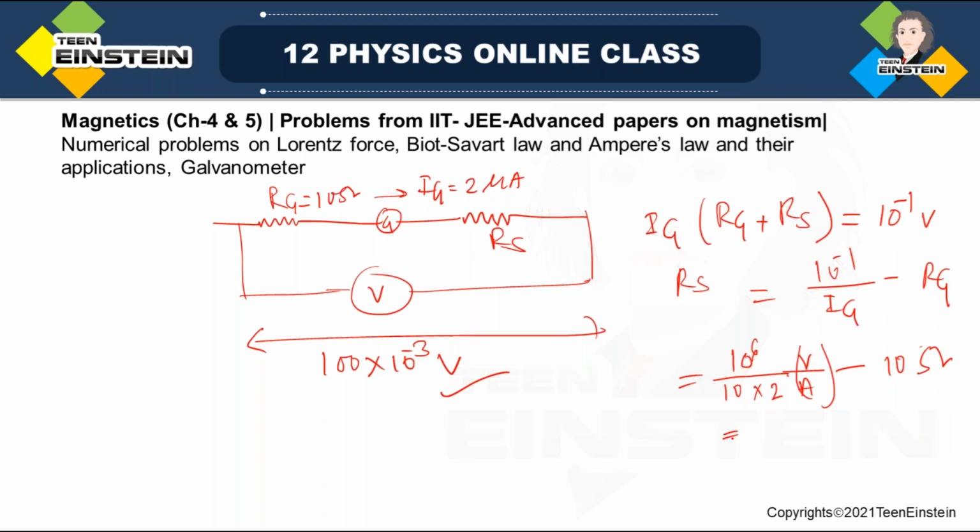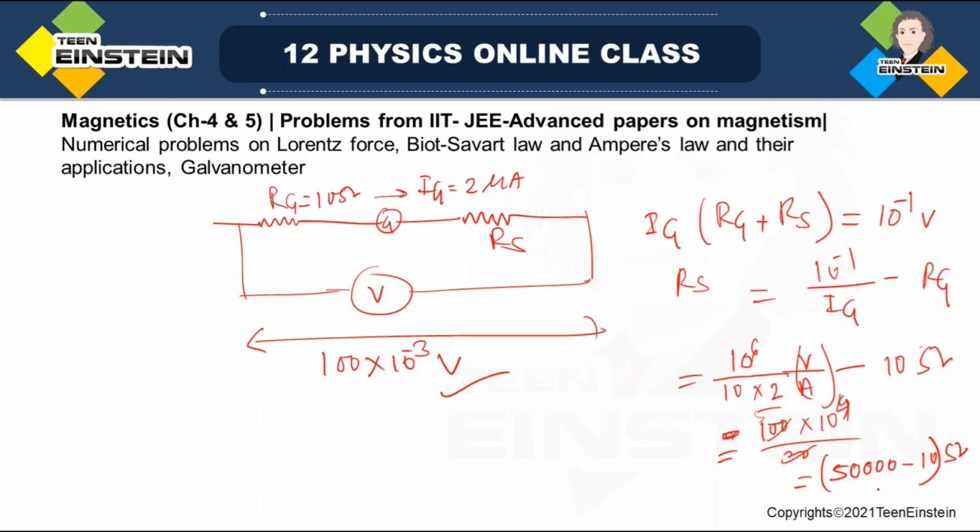Let us see what happens now. This is 20, so I can make it 100 over 20 into 10 to the power 4, which gives 5 into 10 to the power 4, that means 50,000, minus 10 ohm.